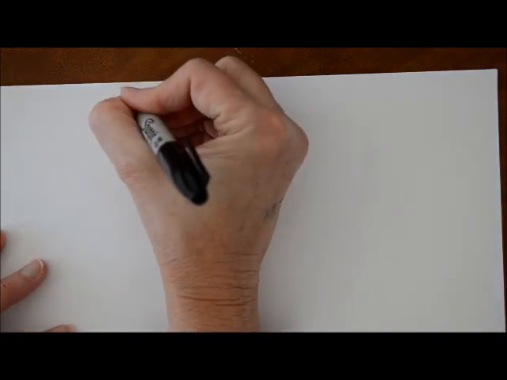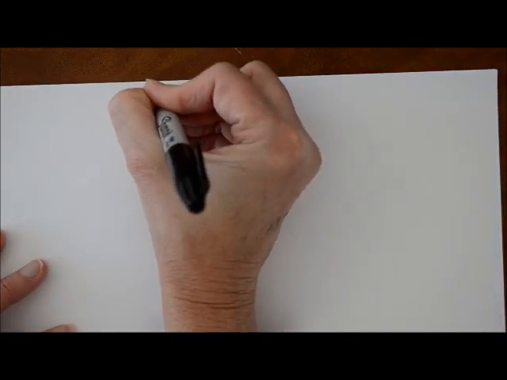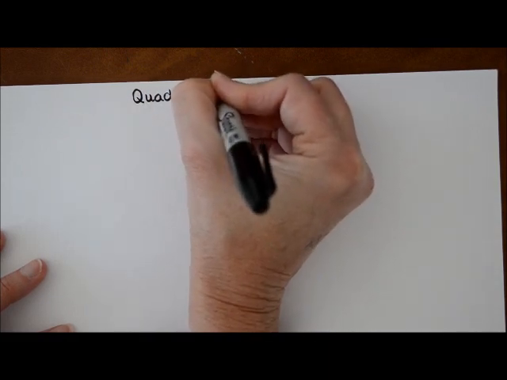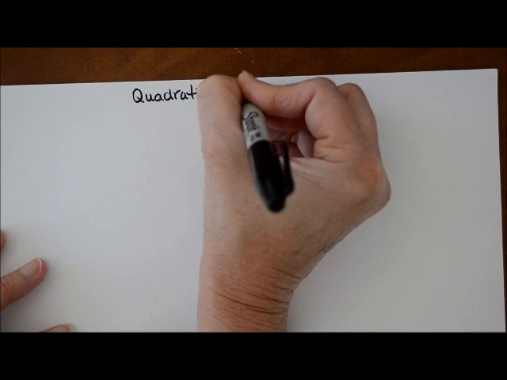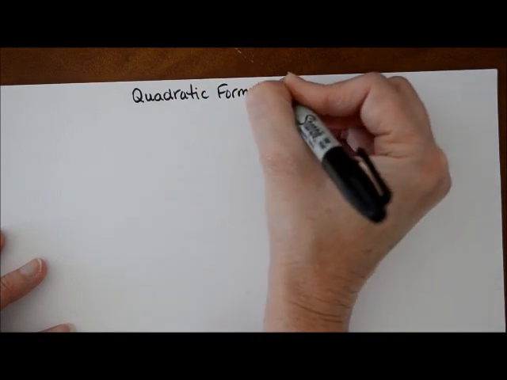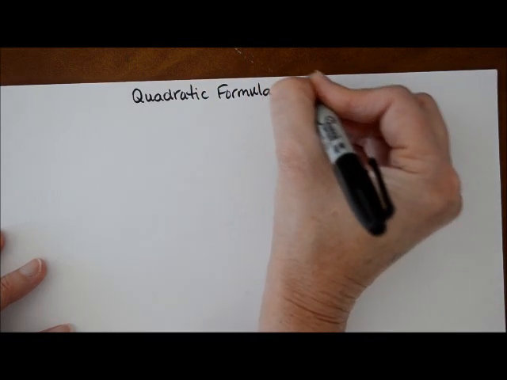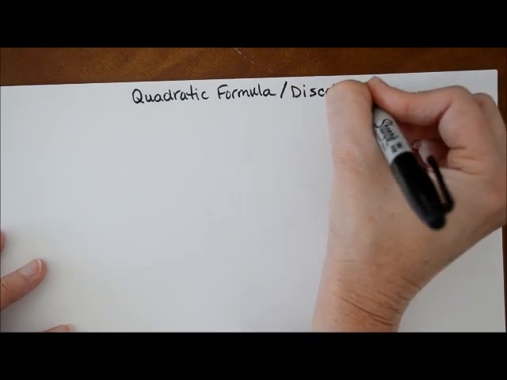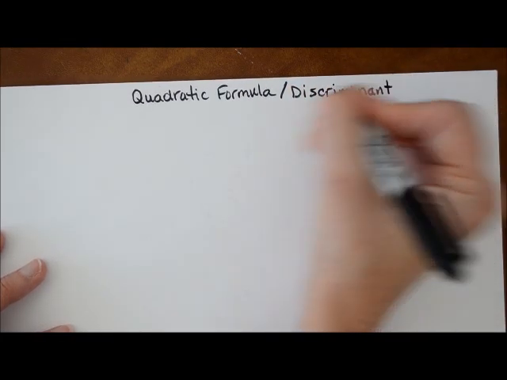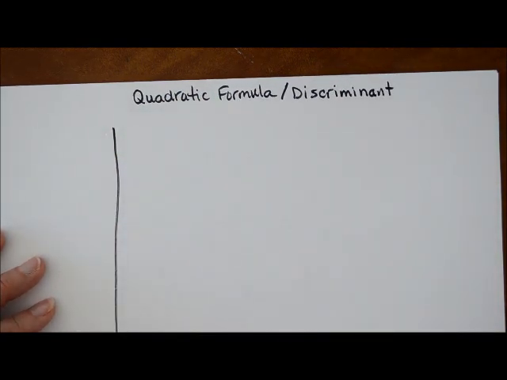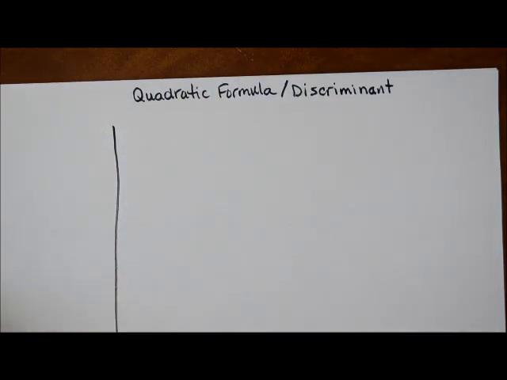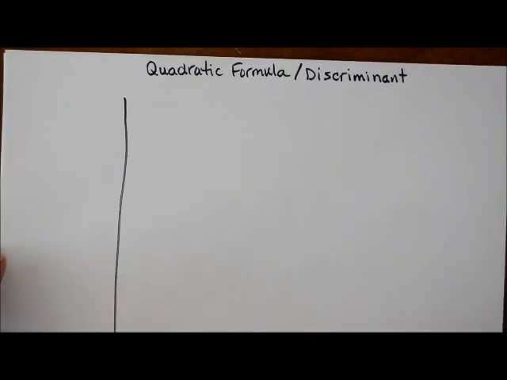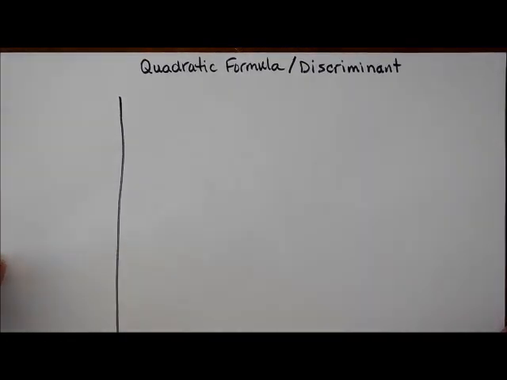So here I have quadratic formula. You probably can continue on your paper. My papers are a little short. Okay. So sorry, my camera jumps around when I move.